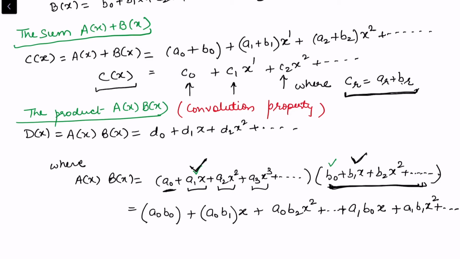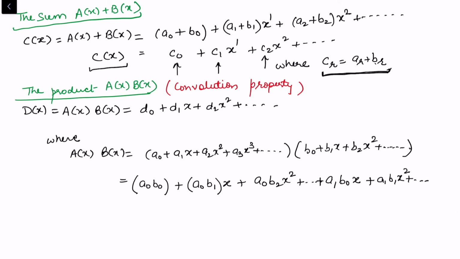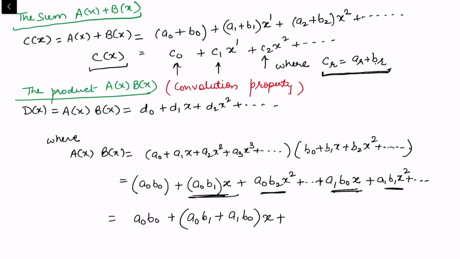So what we notice is that we are getting powers of x from the different products. Now if we club, we get a0 b0 as constant plus, look at this x term and also this x term. So we get a0 b1 x plus a1 b0 x. And similarly, when I look at x square, this term and this term, there will be one more term.